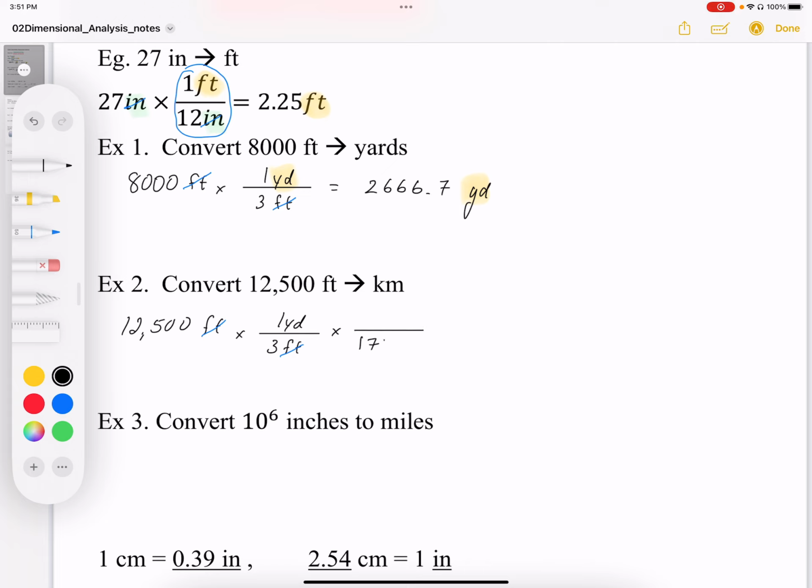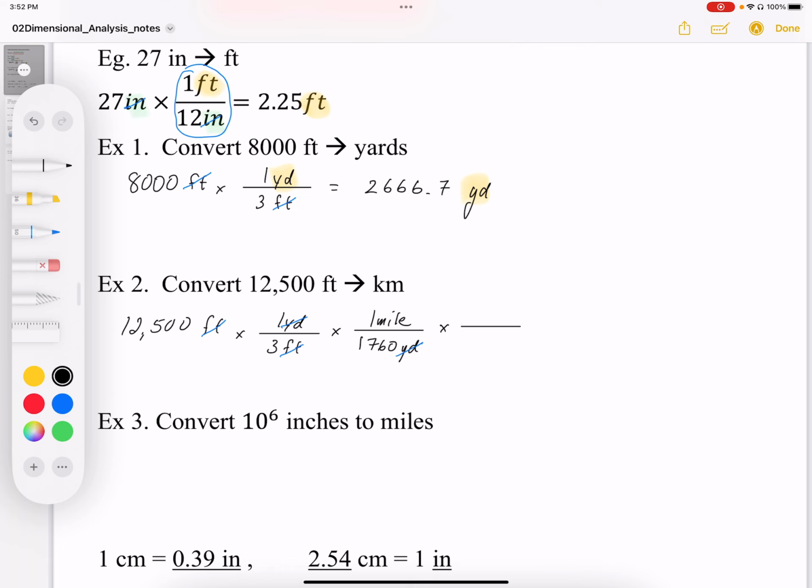So 1,760 yards go on the bottom. That's equivalent to 1 mile on the top. Yards on top and yards on bottom cancel, so now I'm left with miles. I need one more conversion to convert the miles into kilometers. So I'm going to look on my sheet again.